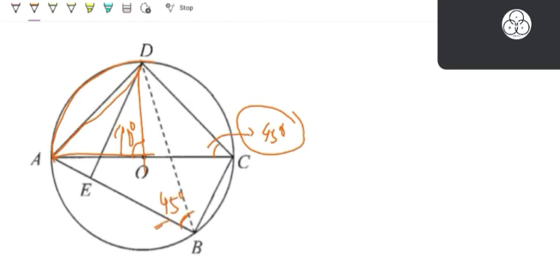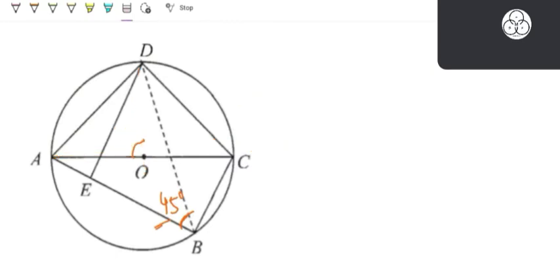Just make a proper diagram and write all those angles so that we can approach the question a little bit faster, because I'll remove this. Okay, now let me remove it. So this is the first angle chasing that I can apply. Let me draw a clear diagram.